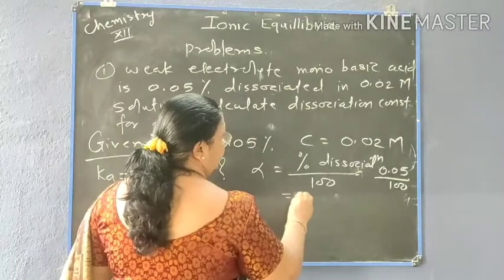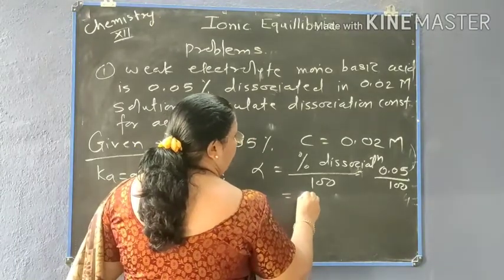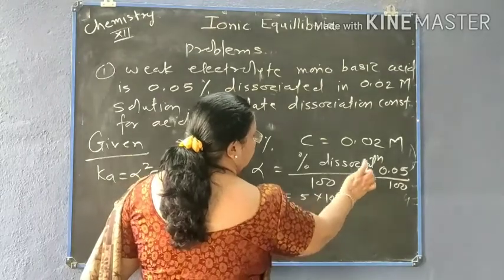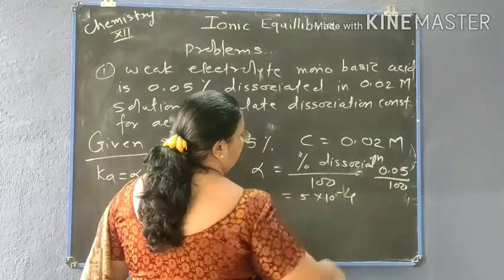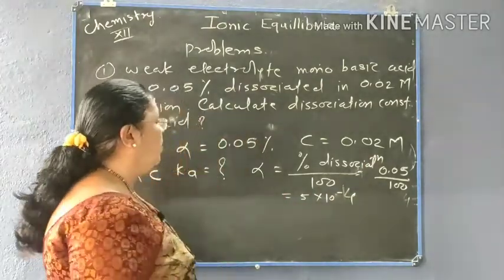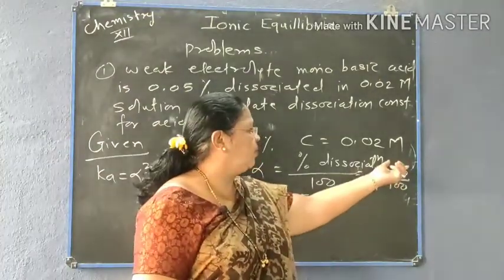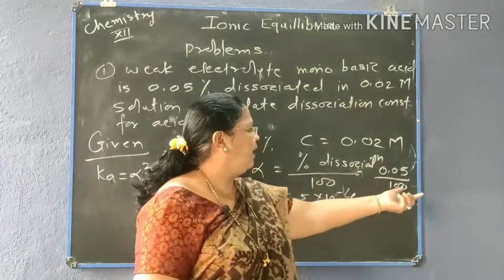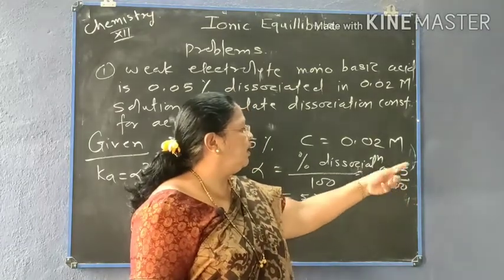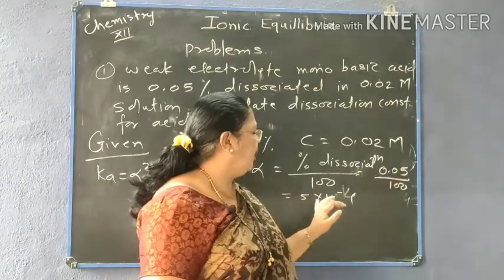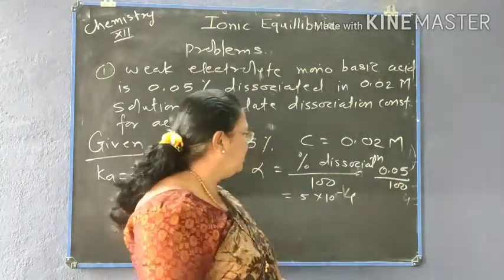Here 0.05 means 5 into 10 raised to minus 2, and 10 raised to 2 in the denominator goes to the numerator, so you get 5 into 10 raised to minus 4.